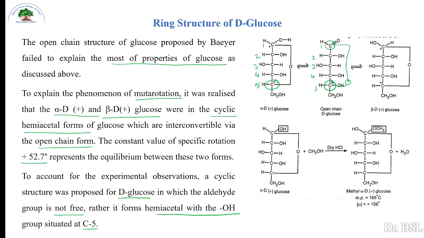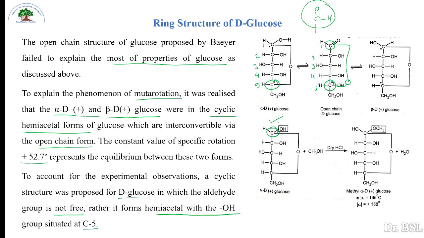And when this cyclic structure is formed, this first carbon is converted into an asymmetric center. Previously it was C double bond O H, like this aldehyde, and this is not an asymmetric center, but now there are four different groups attached to four sides.